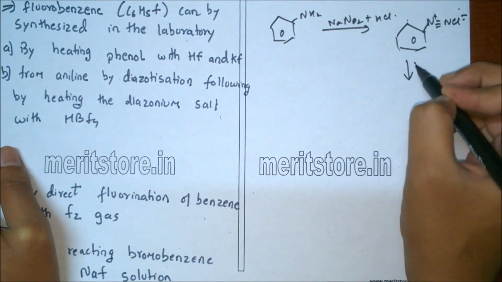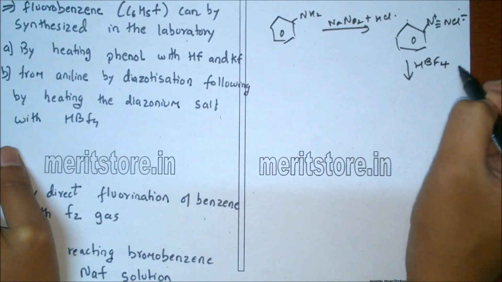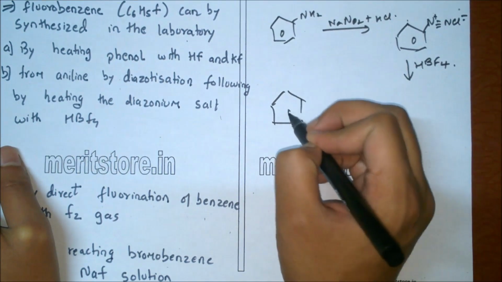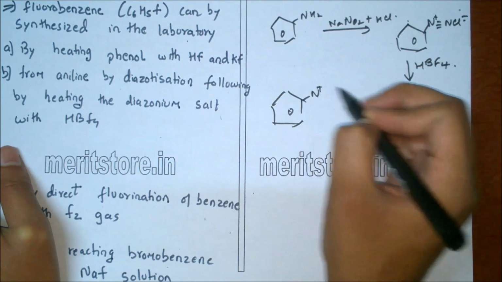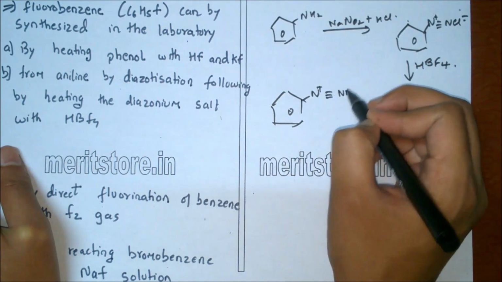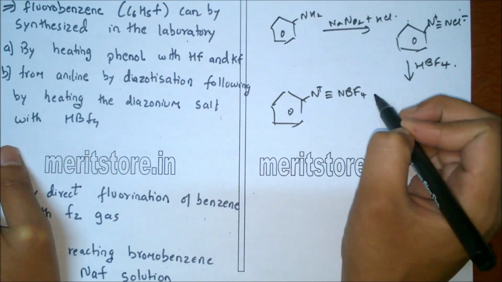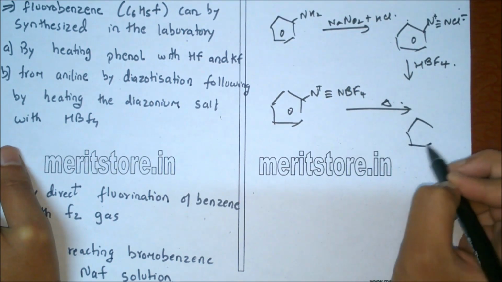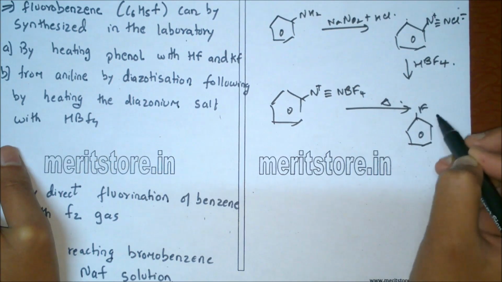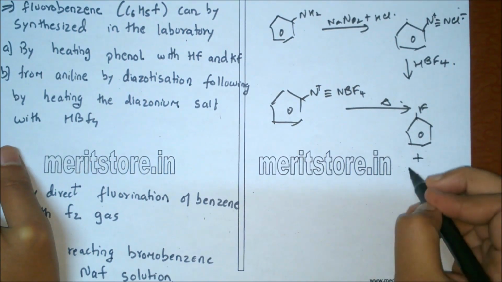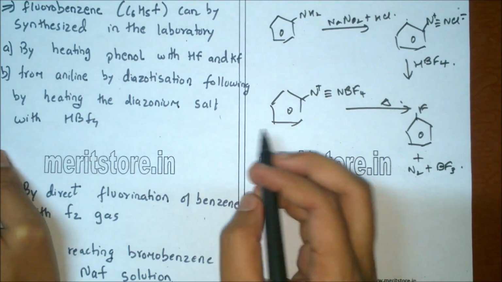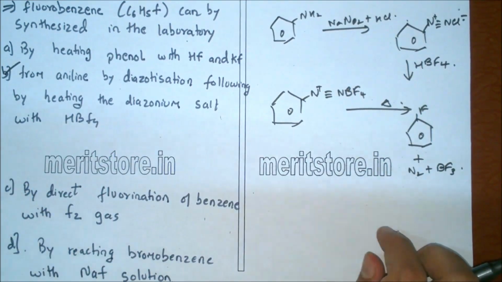On further reaction with HBF4, it gives this compound where chlorine is replaced. This on further heating will give fluorobenzene plus nitrogen gas is released plus BF3. So option B is the correct answer.